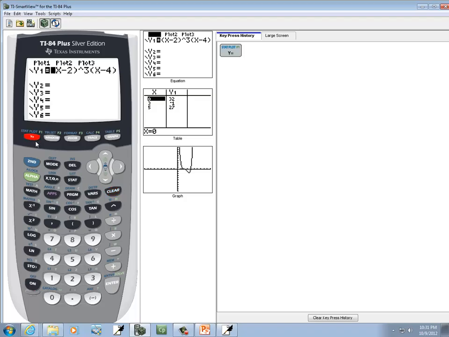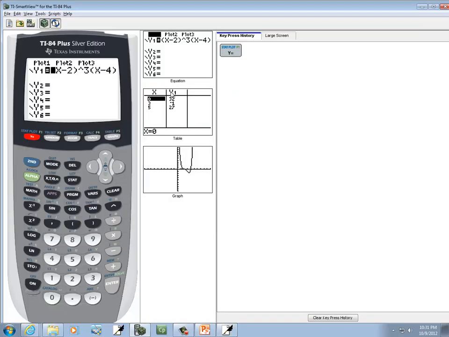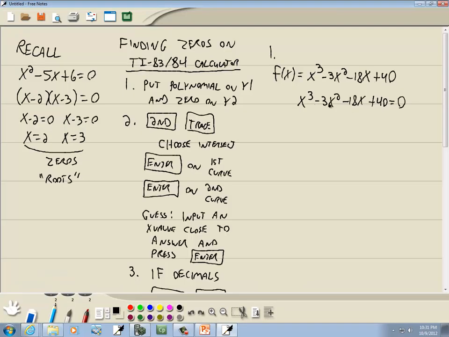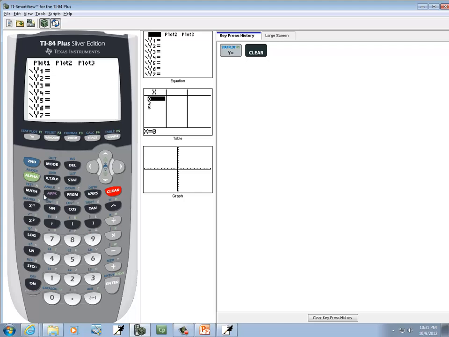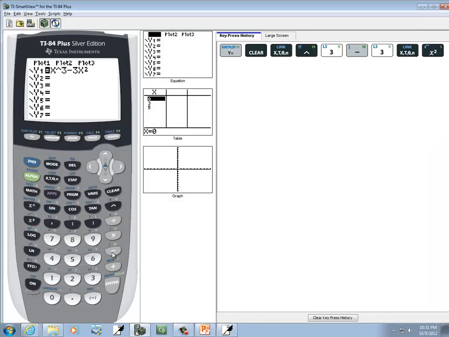So I'm pressing my y equals. It says put polynomial on y1. So I'm going to clear out whatever's on that line. And then we'll put in x to the third minus 3x squared. So x caret 3 minus 3x squared minus 18x plus 40.